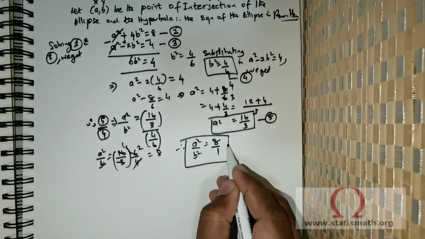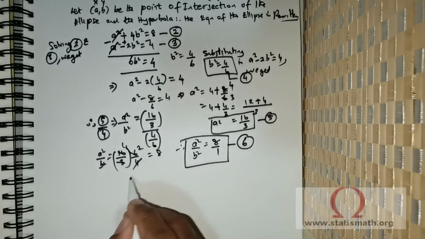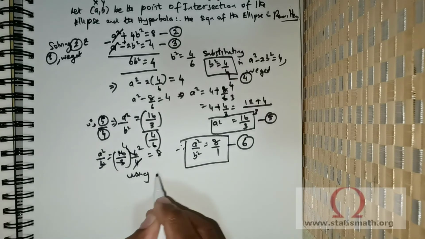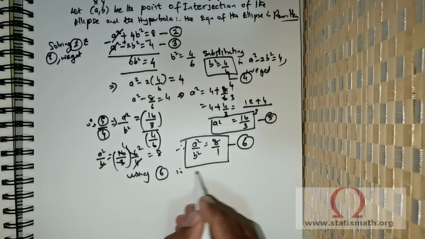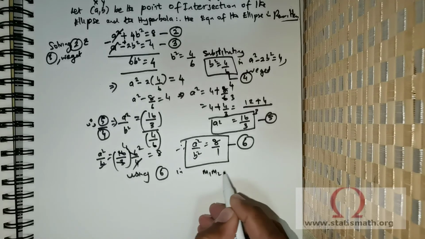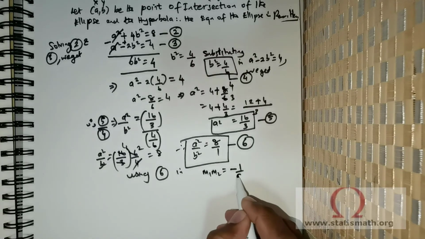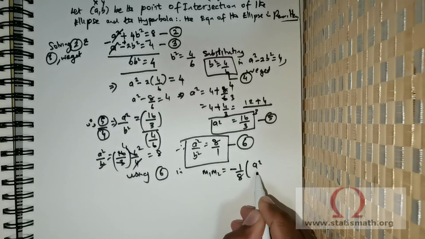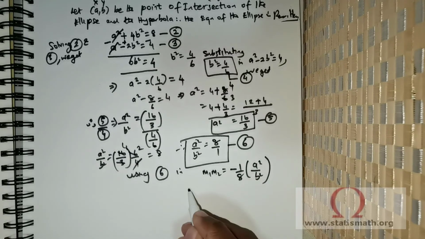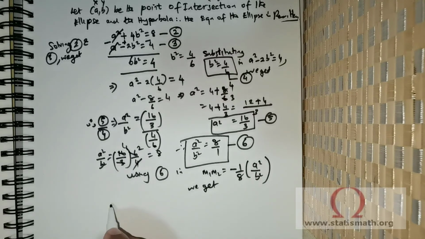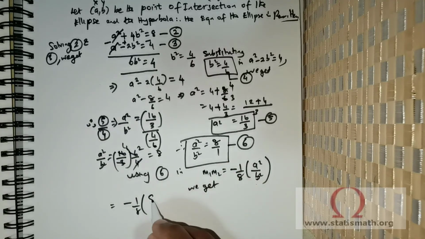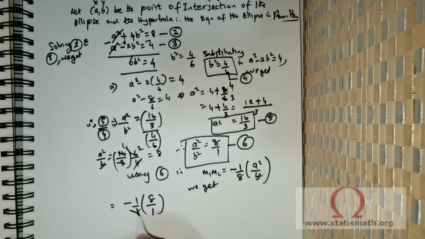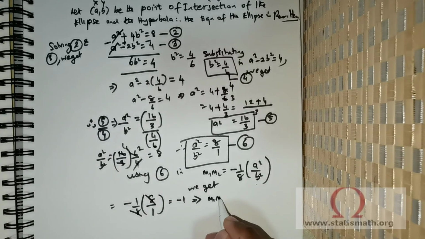Now, using this as 6 in m1 m2 = -1/8 times a squared over b squared, in place of a squared over b squared I substitute 8/1. 8 and 8 can be cancelled, giving me -1. This implies m1 m2 = -1.